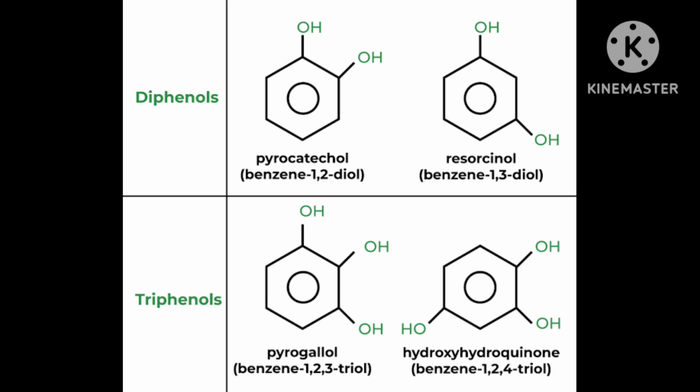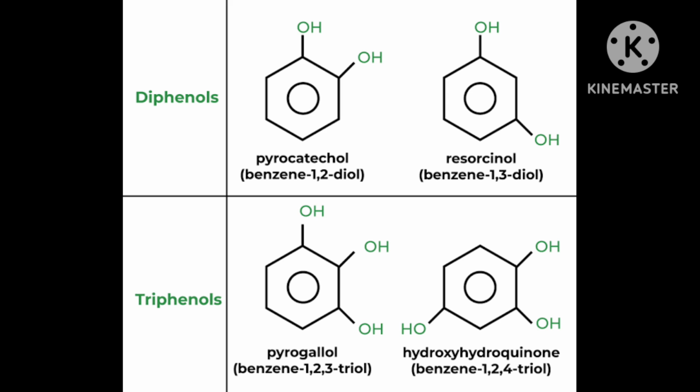If OH is 1, then CH3 will be carbon number 2. Then what will be the name? 2-methylcyclopentanol. Okay.